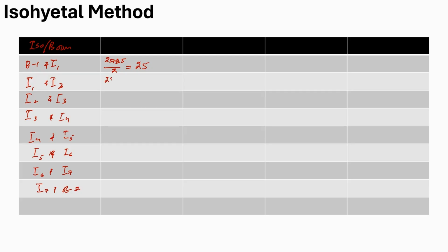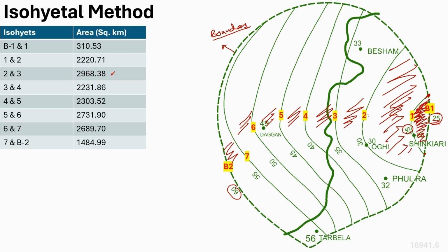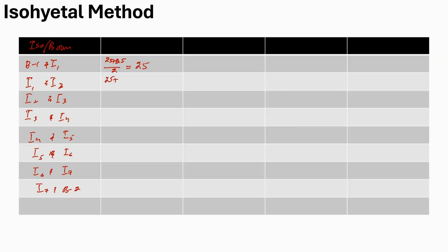Again we will move to 1 and 2. So the average precipitation: isohyet 1 has a precipitation of 25 and this is 30. So we'll write 25 plus 30 divided by 2, it will be 27.5. Again 30 plus 35 divided by 2, 32.5.